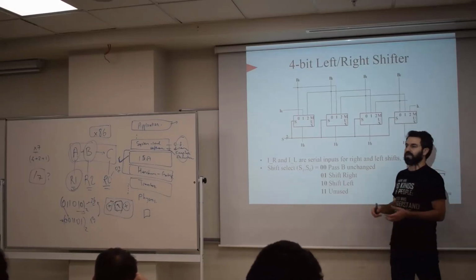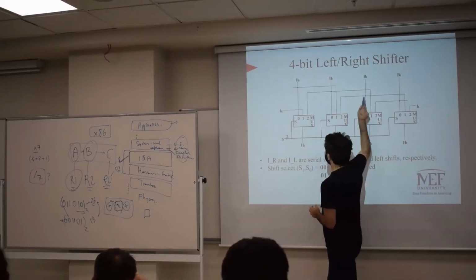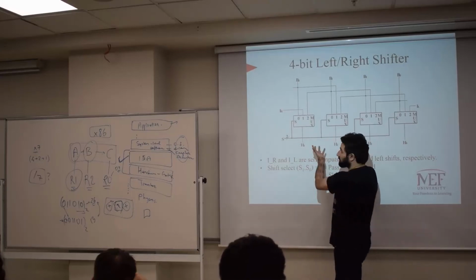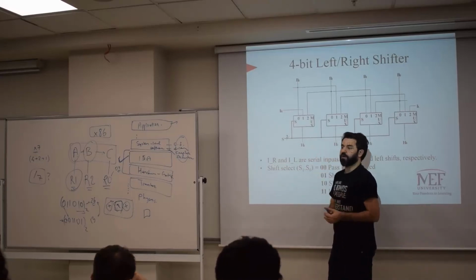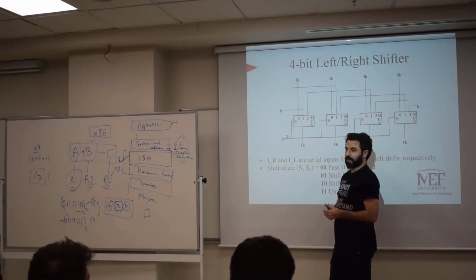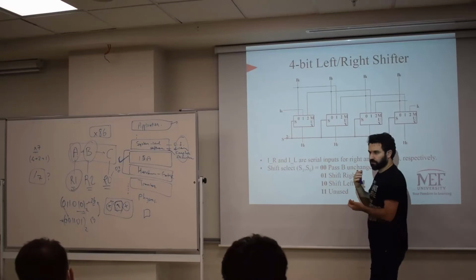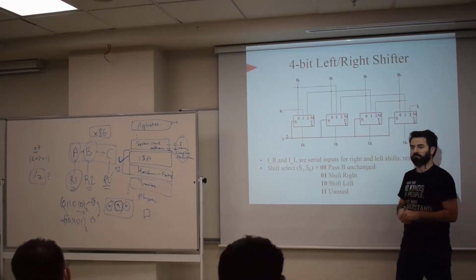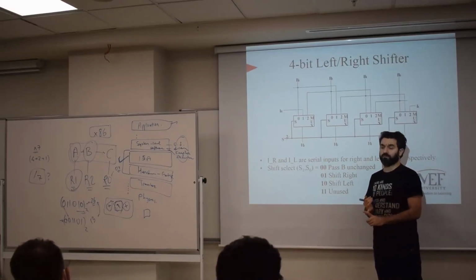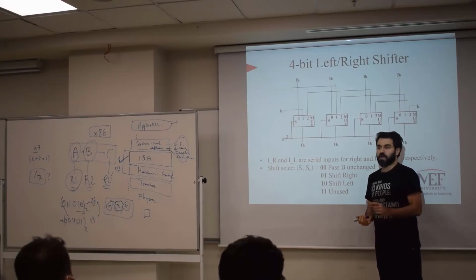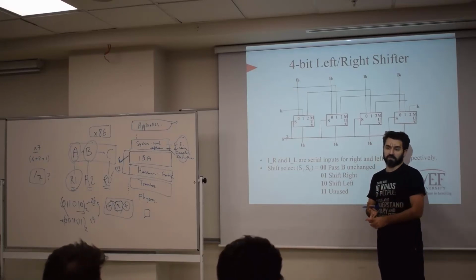That's why I'm saying specifically that this shifter, for example, cannot be used in its pure form for arithmetic shift. Okay? But you can design a control logic for this particular pure shifter to make it appropriate for both logic shifts and arithmetic shifts as well.